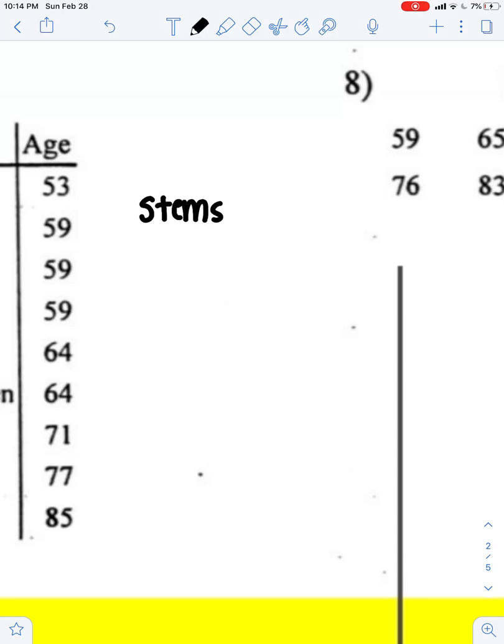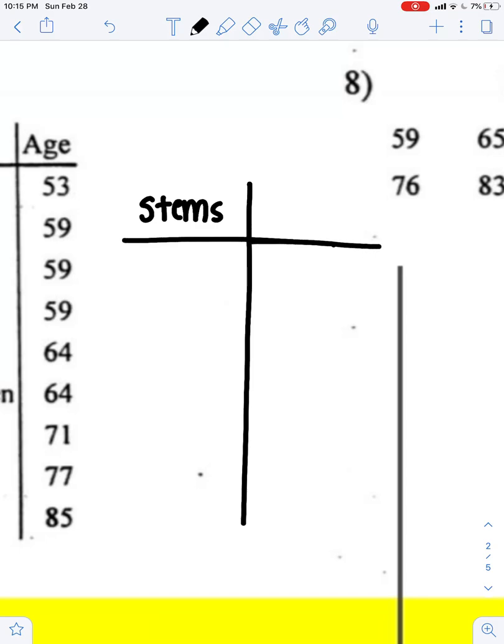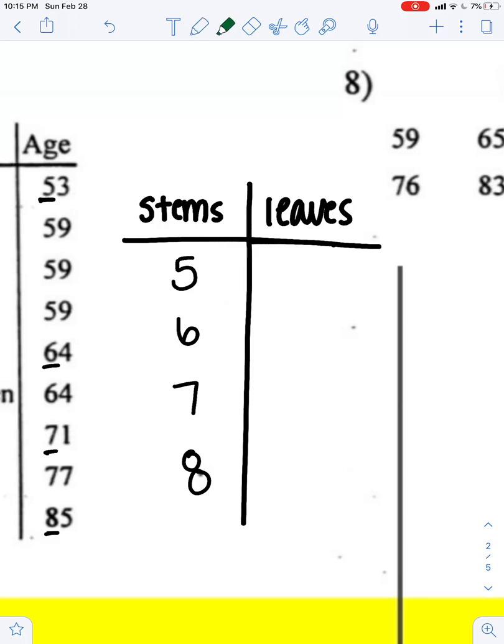And remember, our stems go over here on the left, and our leaves will go over here on the right. So looking at this, I see that I have 5 as a stem, 6 as a stem, 7, and 8. So 5, 6, 7, and 8.